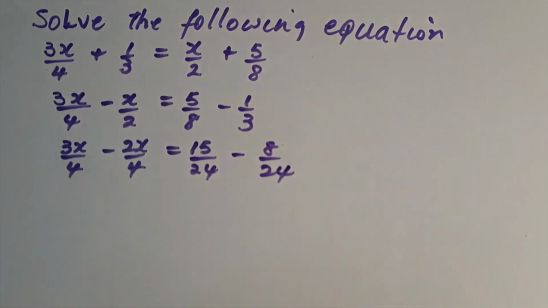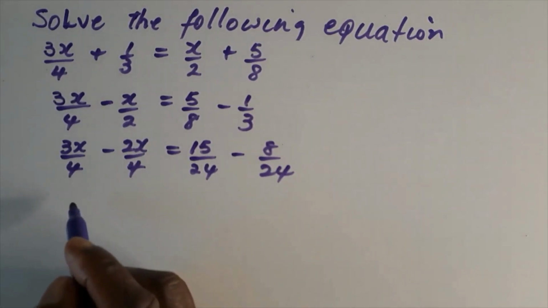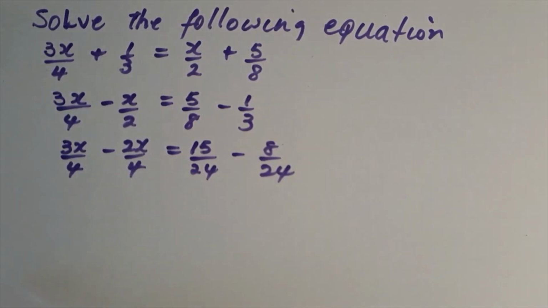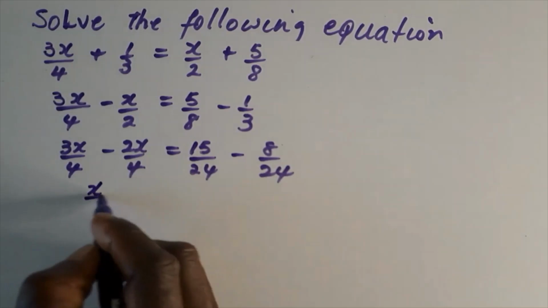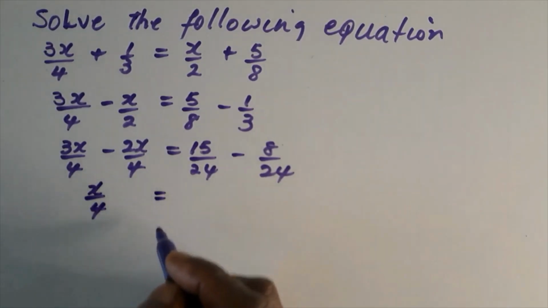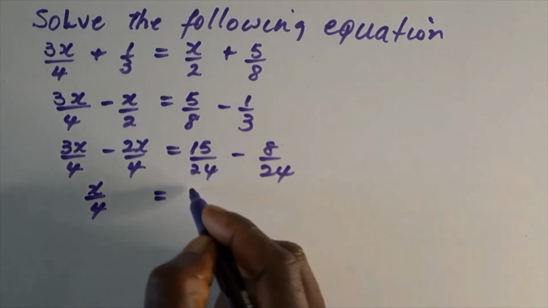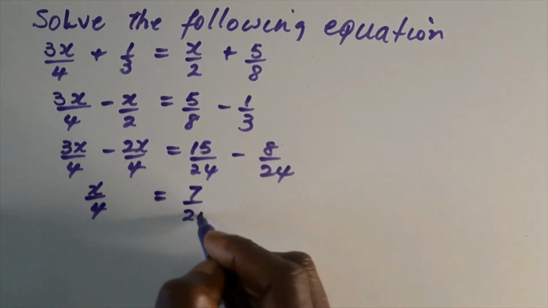So these are equivalent fractions, both on the left and also on the right-hand side. The left algebraic fractions, on the right just rational numbers. And so now we can simplify the left-hand side, which will give us just x over 4, and on the right-hand side 7 over 24.